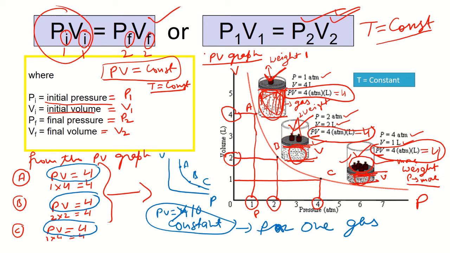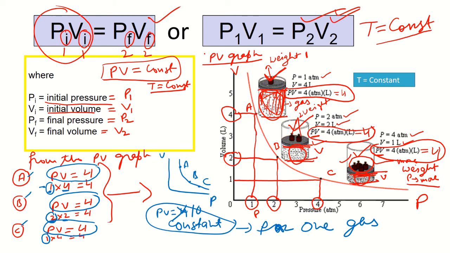So what is changing here? If you see the pressure value and the volume value here, and the pressure value and the volume value here, it is not the same. See this pressure here, and this pressure here, and this pressure here. They are not the same in A, B and C. The pressure is not the same at the 3 points on the graph.